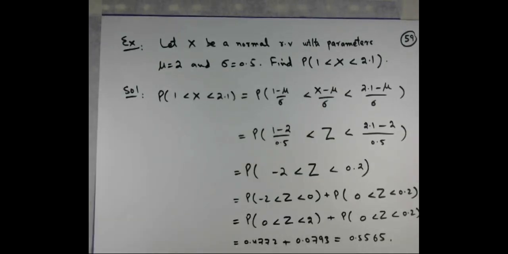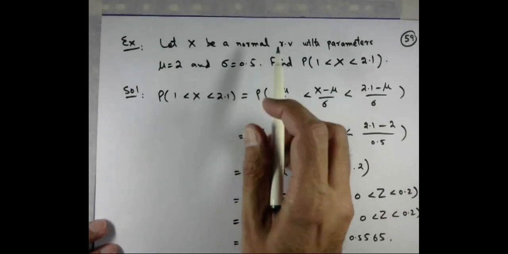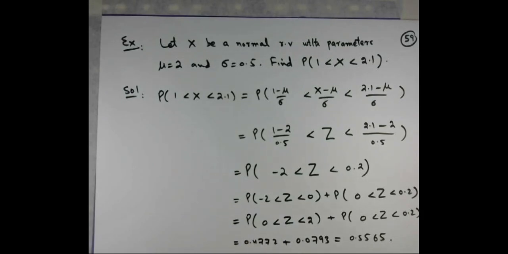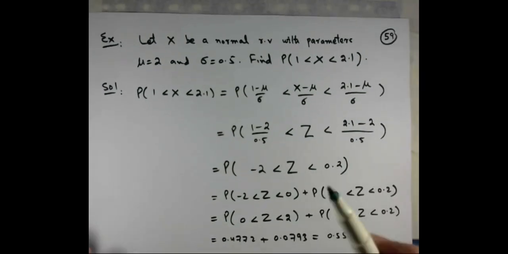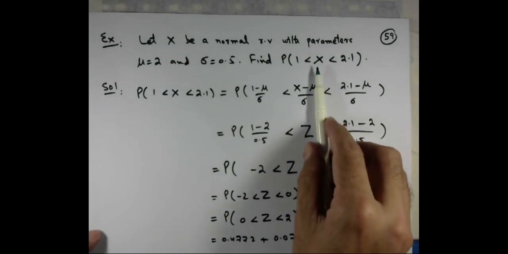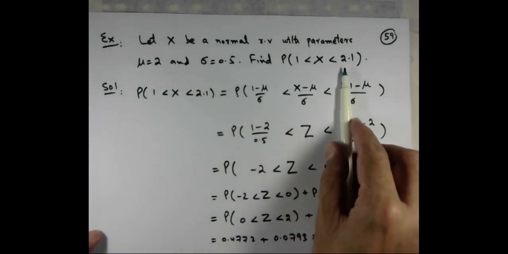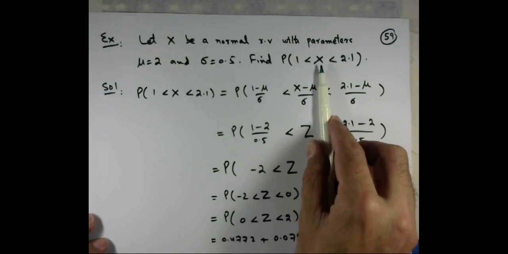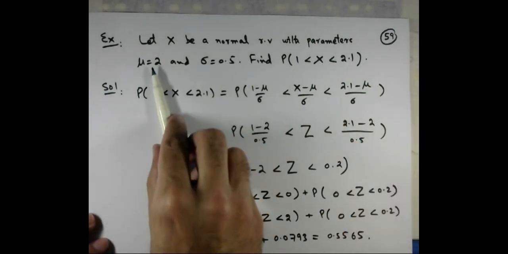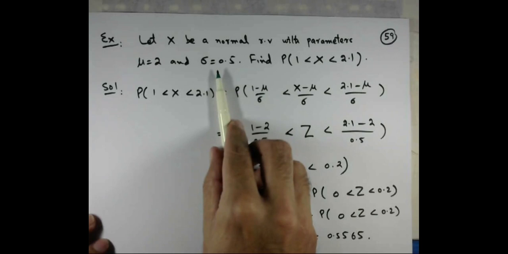Then we did an example where we had a non-standard normal random variable x, and we had to find the probability that x is between 1 and 2.1. How do we know that this is a non-standard one? Because its mean is not 0, its sigma is not equal to 1.